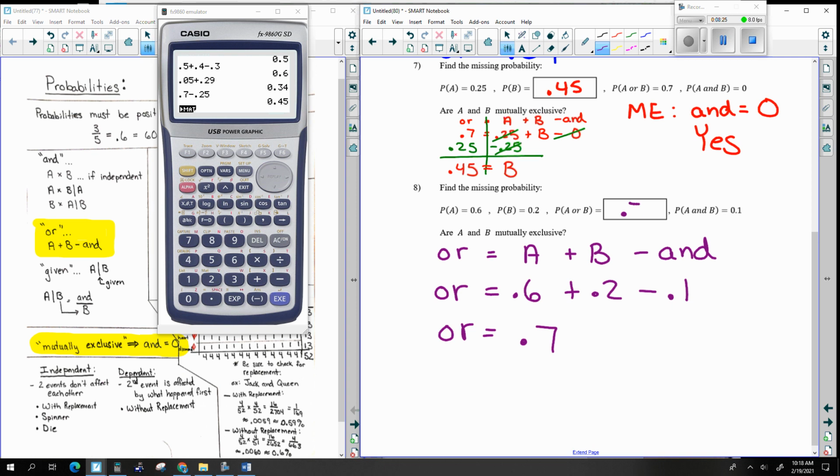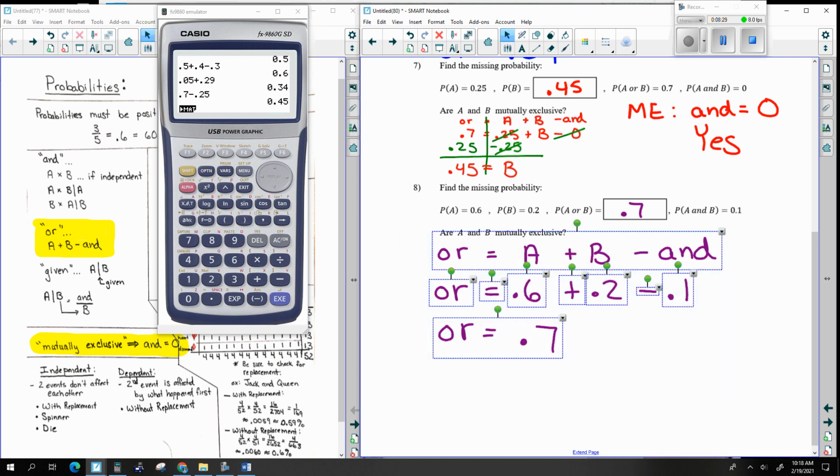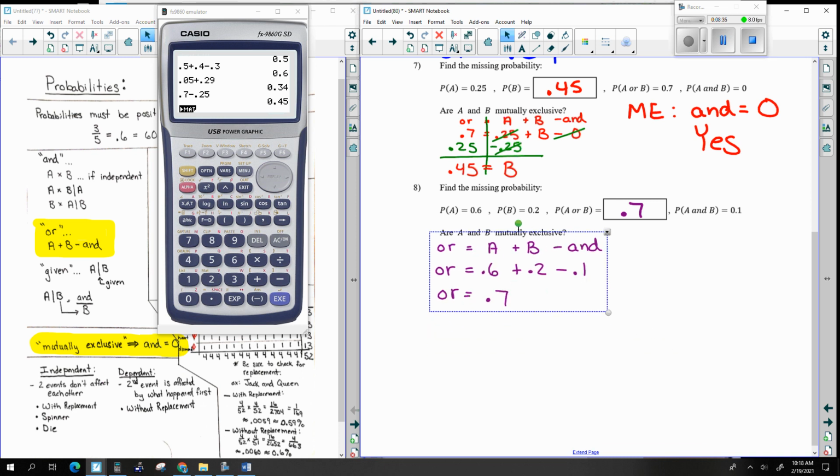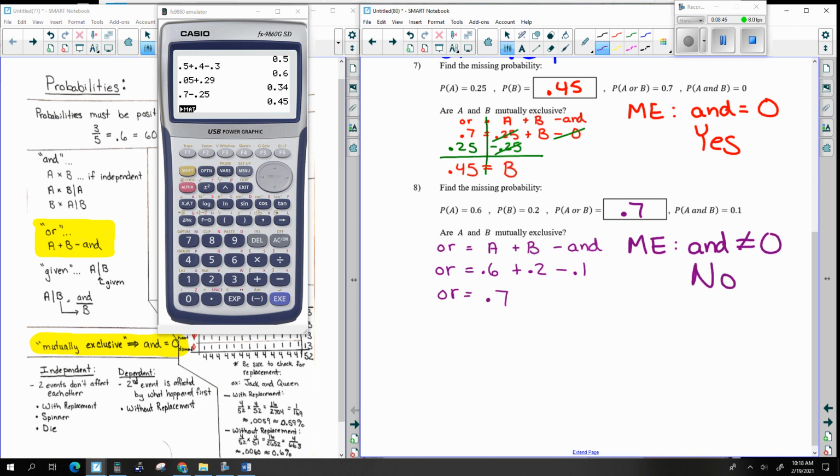So the or is equal to 0.7. Secondary question, are these things mutually exclusive? I see that and is not equal to 0, so no, they are not mutually exclusive.